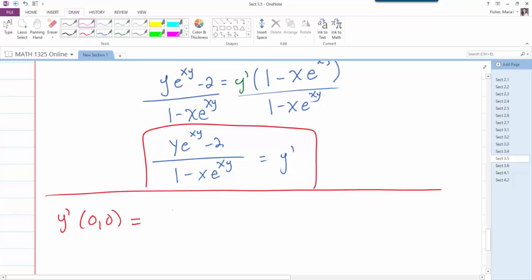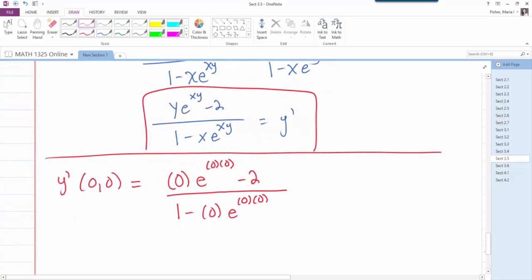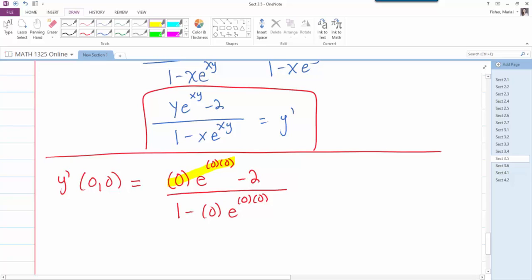So we say 0 times e to the 0 times 0 minus 2 all over 1 minus 0 times e to the 0 times 0. Well, 0 times anything is 0, minus 2 over 1 minus, and again, 0 times anything is 0. So you're looking at negative 2 over 1, which is negative 2.